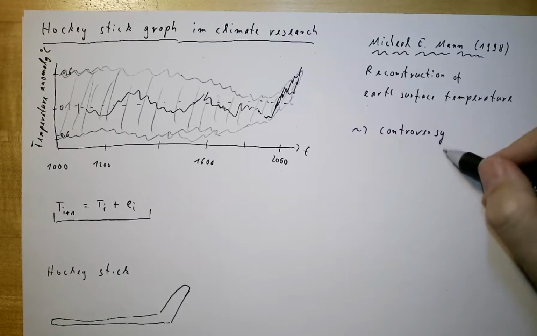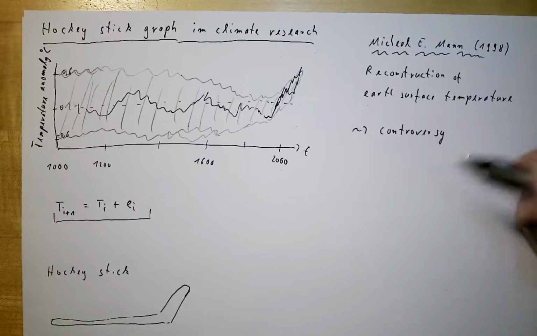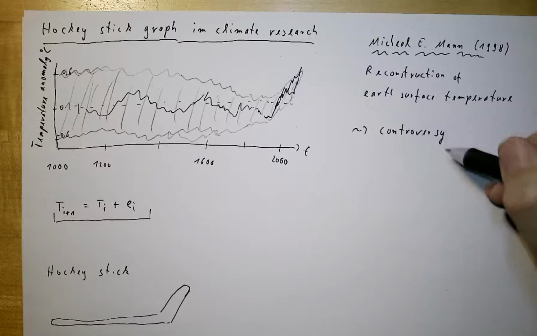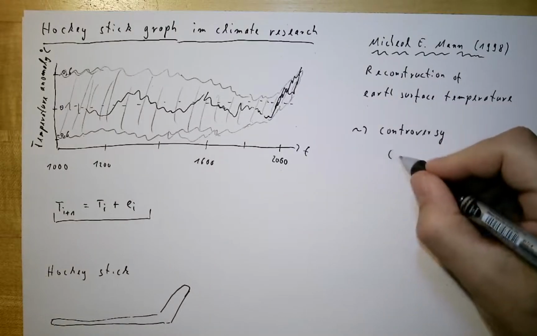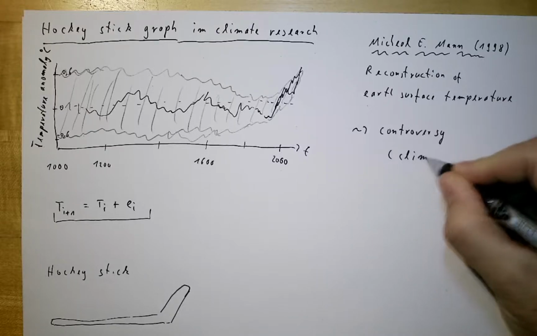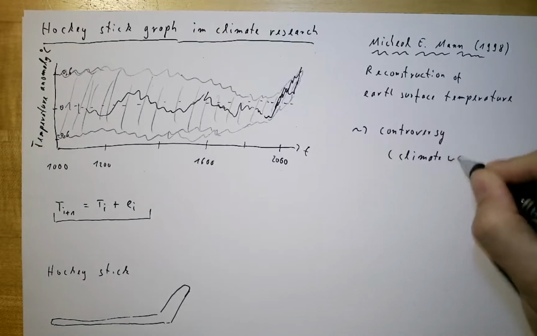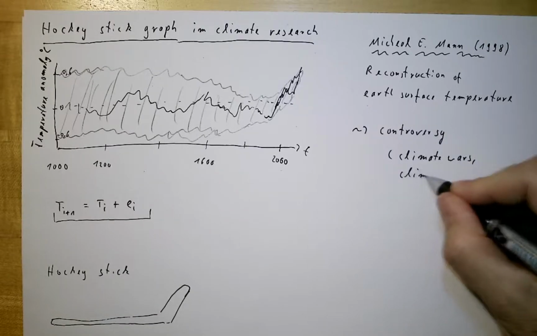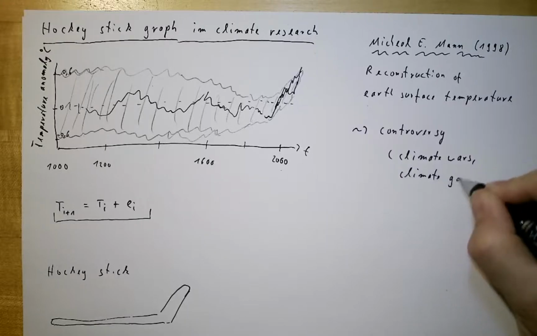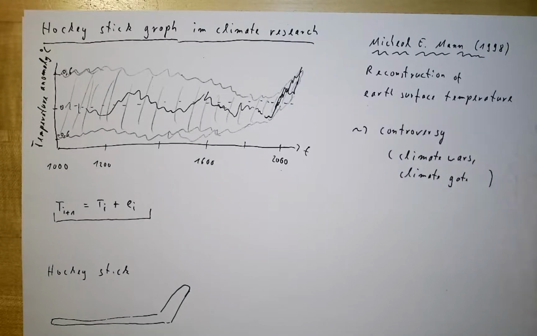I mean, it was a real shitstorm, if I'm allowed to say such words in a lecture here. Sometimes this was then called climate wars or climate gate. And this took all nasty aspects that these kinds of debates can get when they go into the public, into the press.